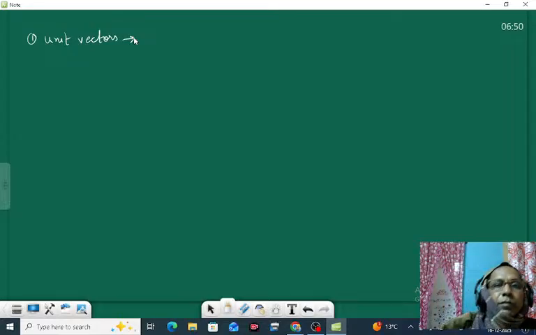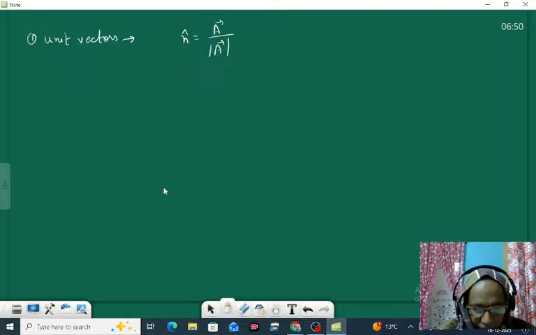The definition of the unit vector is n unit equal to vector A by modulus of vector A. Its magnitude is 1 and it points in a particular direction. It has no dimension and no unit.